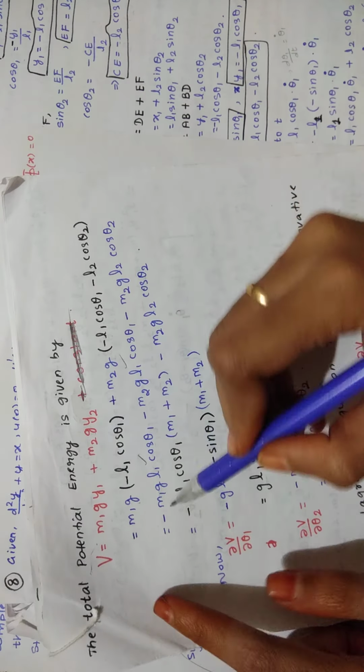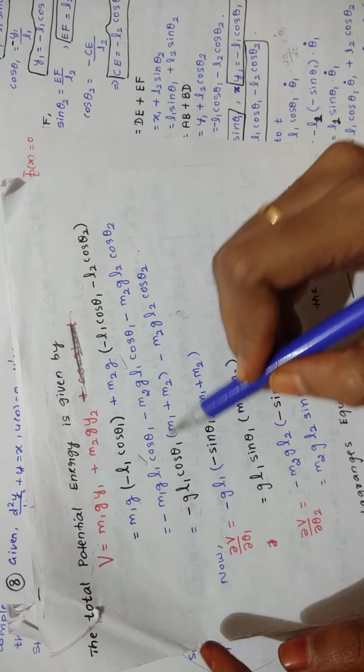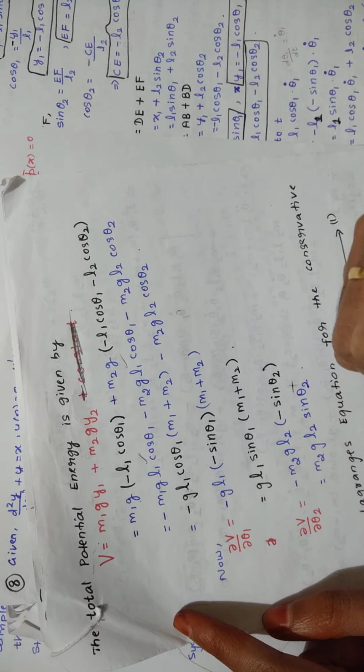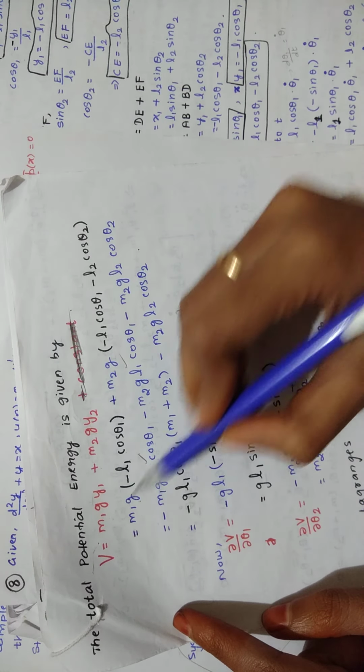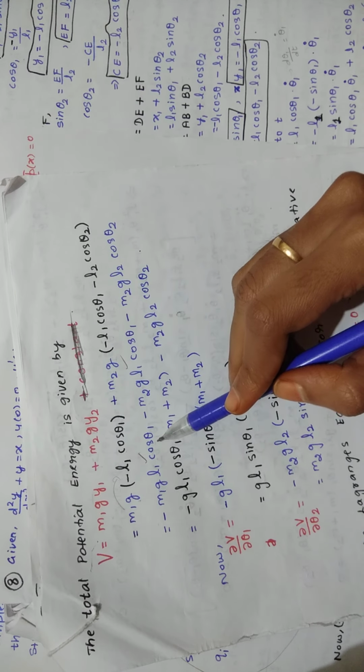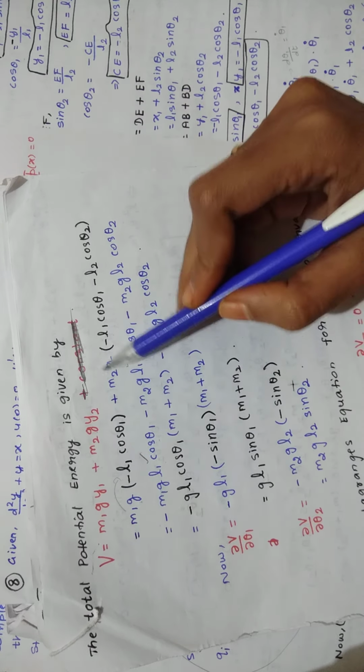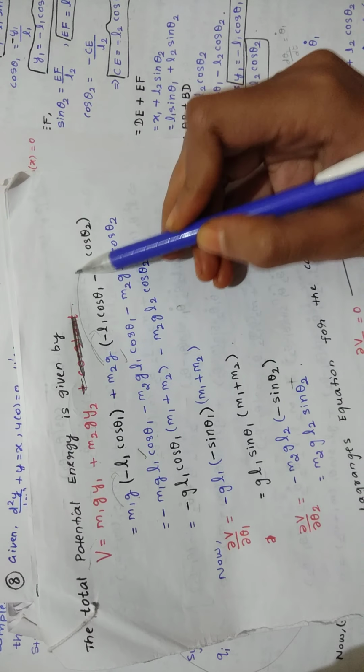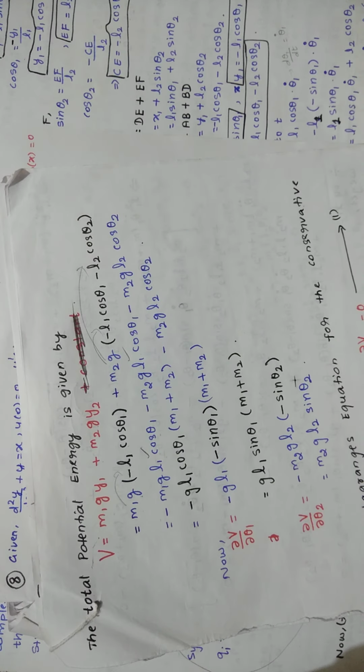After writing this, just multiply this so that you will get this term, right? Then you are multiplying this also so that you will get this step.